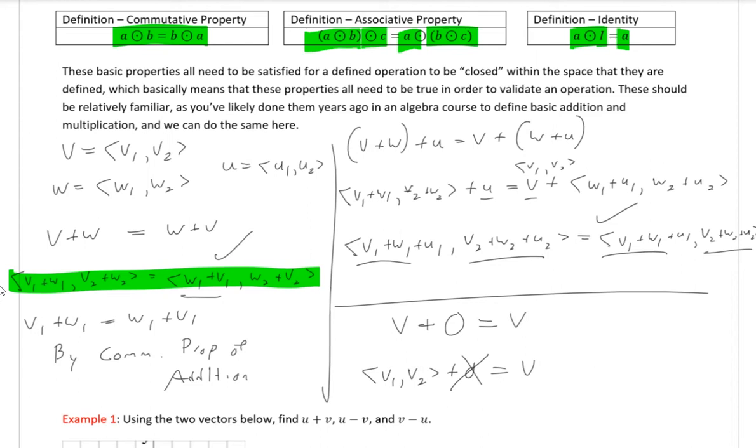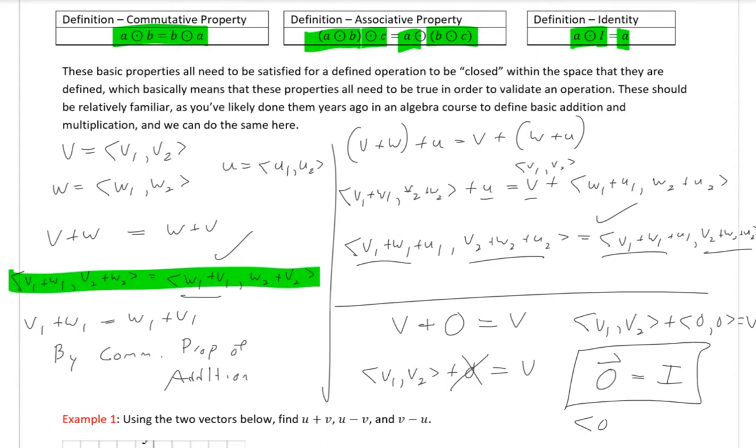This we cannot do. But what we can do is take a vector and add another vector that has components of 0. That will still equal V. We say the 0 vector is the identity. A 0 vector, or 0, 0, is the identity, such that if I were to add that to anything, it doesn't change the overall value.